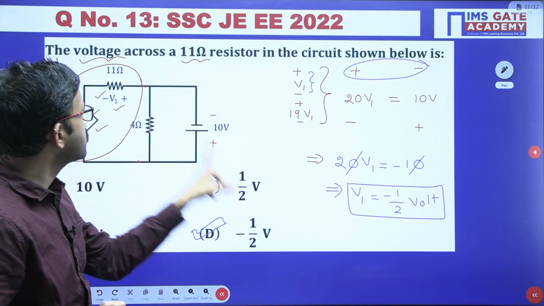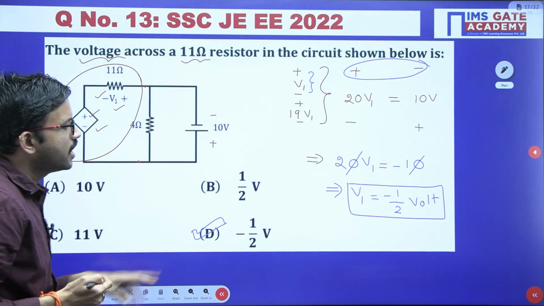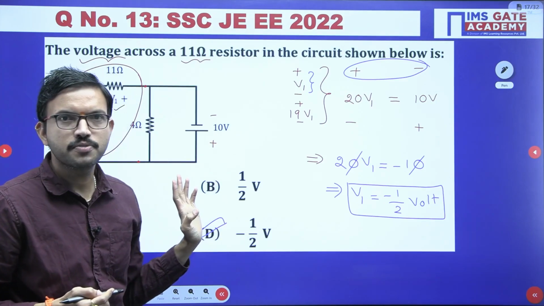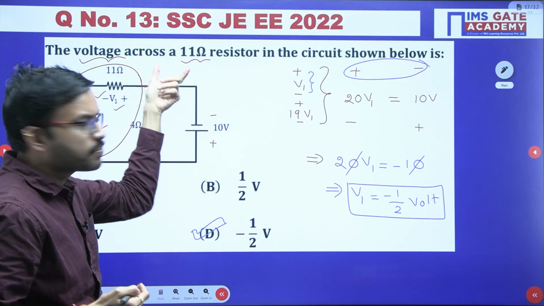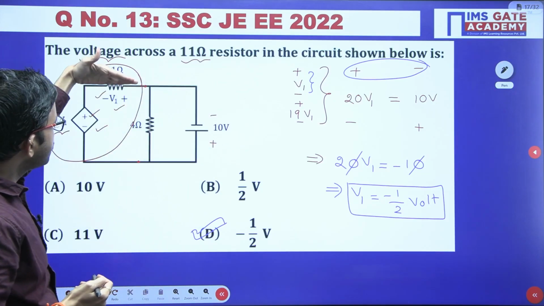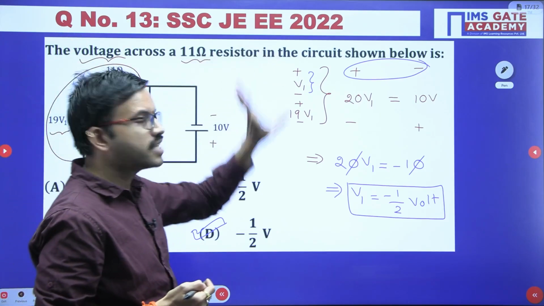In this question they should have mentioned this instead of 11 ohm, because here you have two choices: minus 1 by 2 and plus 1 by 2. If you keep the resistor as a vertical element, then you get plus minus, and there is no confusion at all.